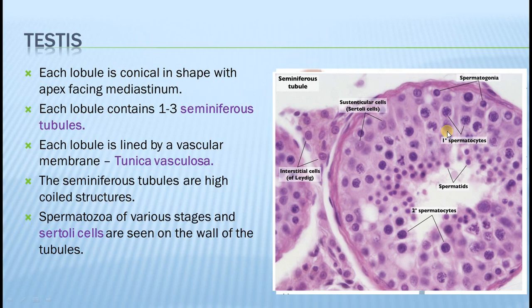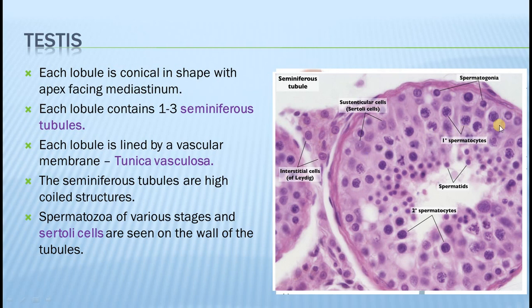Then they will give rise to secondary spermatocytes by first meiotic division. The secondary spermatocyte will give rise to spermatids by second meiotic division.